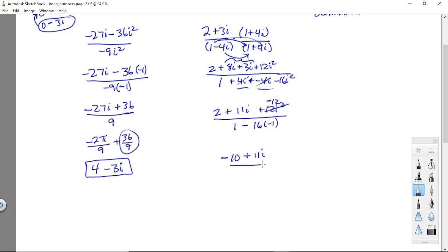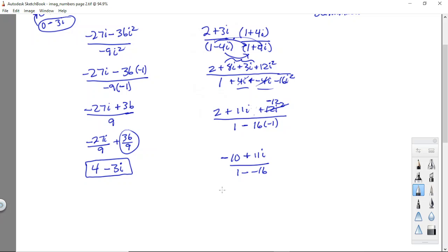On the denominator, 1 minus a negative 16, right? Because this 16 times negative 1 is negative 16. So 1 minus negative 16, and that is just 1 plus 16, which is 17, right?